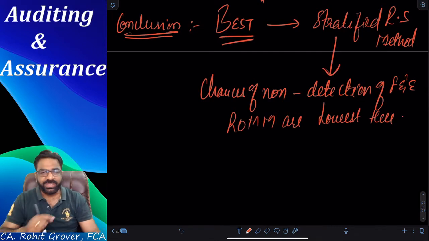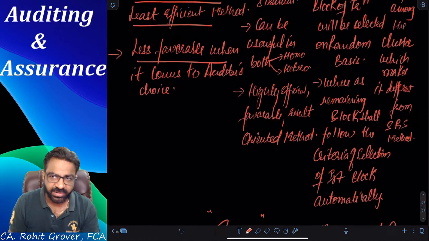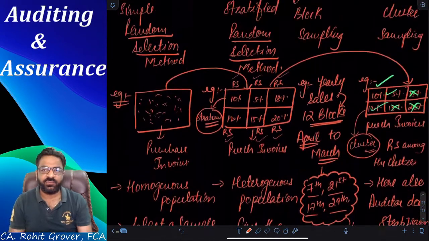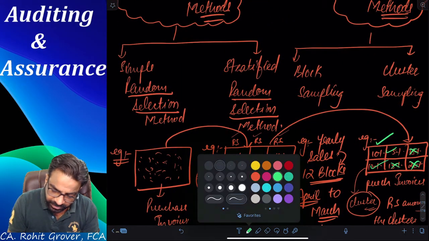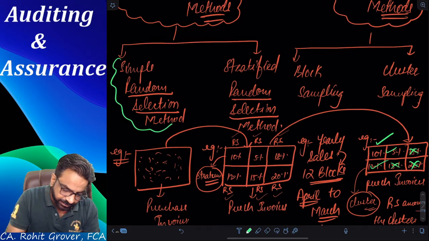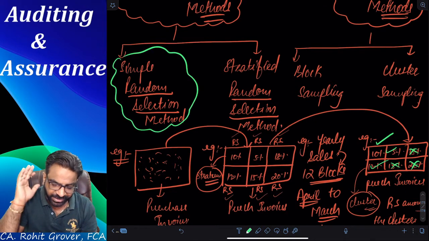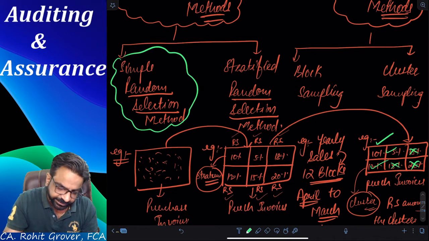That is the only reason the stratified random selection method is now favorable when it comes to audit sampling. So this one used to be there in the olden days.